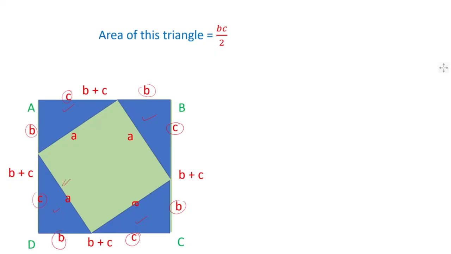All these have their hypotenuse, which we named A in the beginning. Now if I try to find the area of this square ABCD, we know that the area of a square is its side square.